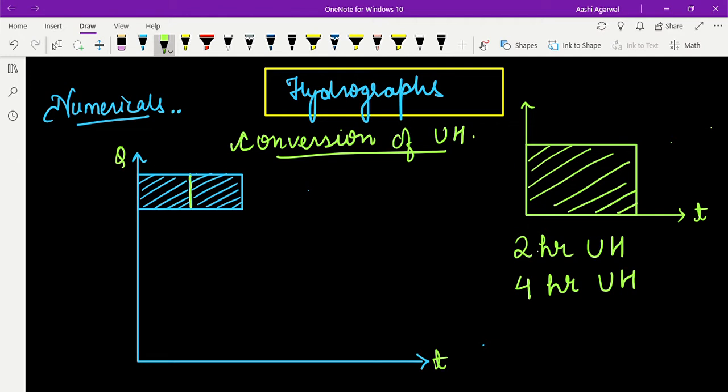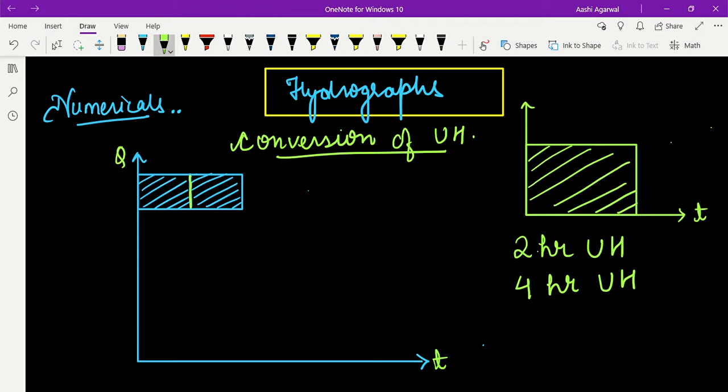So we have to generate, for a particular catchment, unit hydrographs of different durations, so that as and when needed I can get the corresponding DRH. My aim is to find out the peak value of flood and the time to peak value. For that I need to know the unit hydrograph, so that from time to time I can convert.